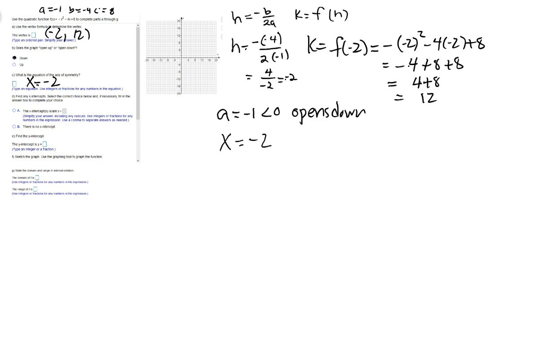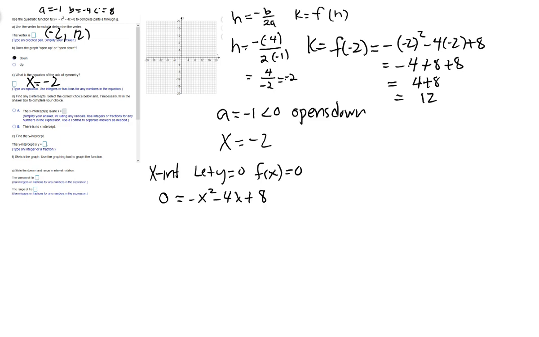The next part says find any x-intercepts. So to find an x-intercept, you let y equal 0 or f of x equals 0. So I'm setting my function equal to 0. 0 equals -x squared minus 4x plus 8.